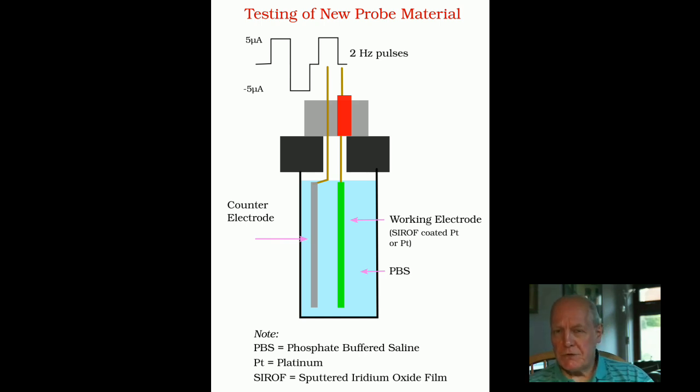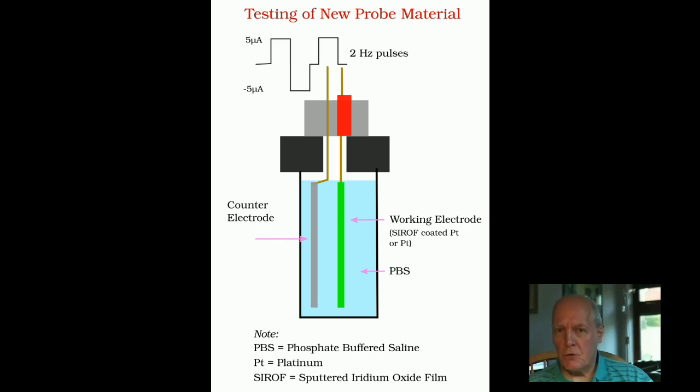And what they found was that after they had tested their probes for 90 days, there was a significant difference. The platinum probes had completely degraded, but their probes, which were platinum coated with iridium oxide, had not degraded.